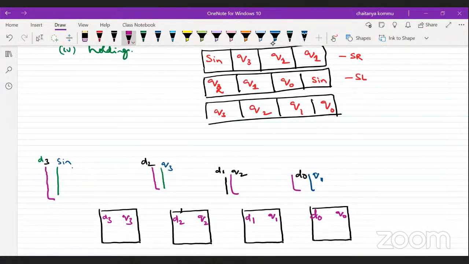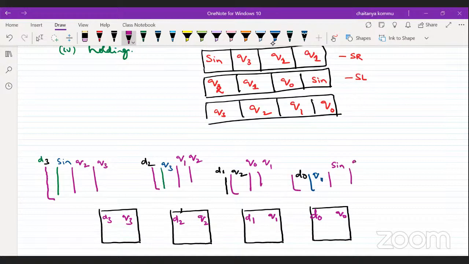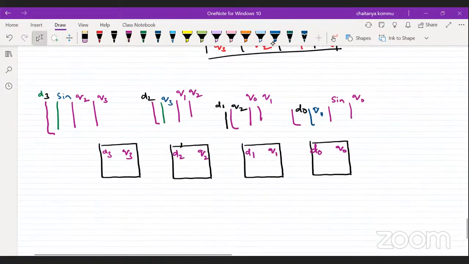In the third case, the input should be Q2, Q1, Q0, and here is SIN for the shift left operation. For holding, the output requires Q3, Q2, Q1, and Q0. So this particular line must be assigned by either this input.